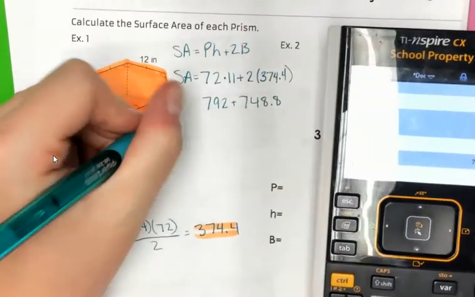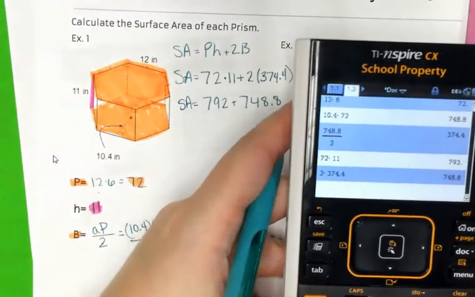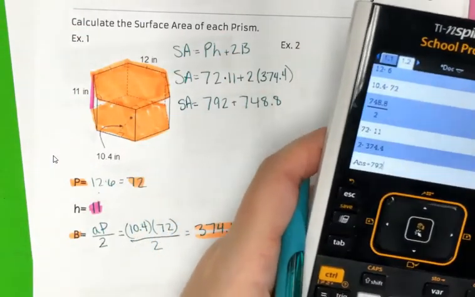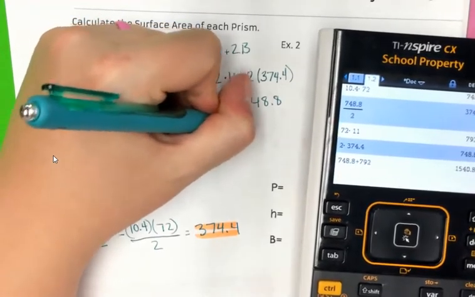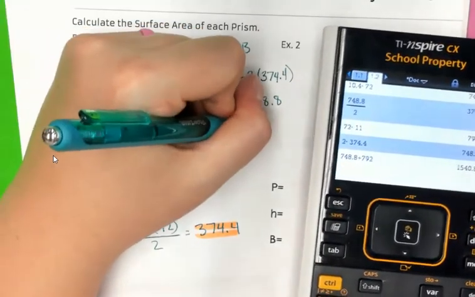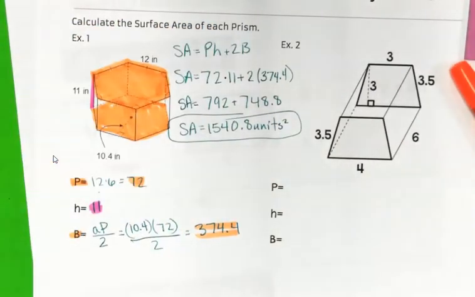Plus 2 times 374.4, which is 748.8. And now I will just add them together, which you can put that whole thing in the calculator if you'd like. And that's it.